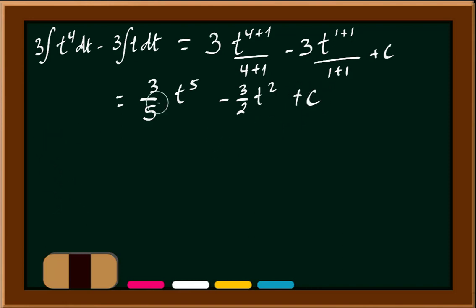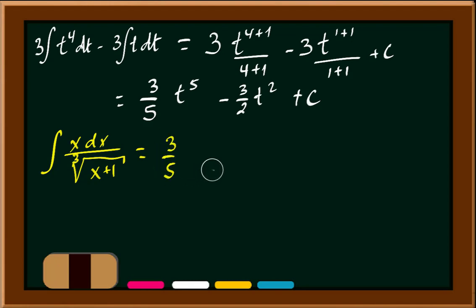So all we have to do now is to replace t by its value. We knew that t cubed was equal to x plus 1. So the integral of x dx over the cubic root of x plus 1 becomes 3/5 of t to the power of 5, and we know that t is the cubic root of x plus 1, correct?